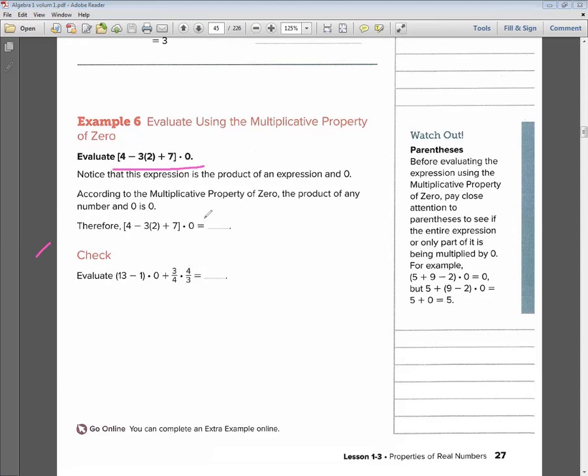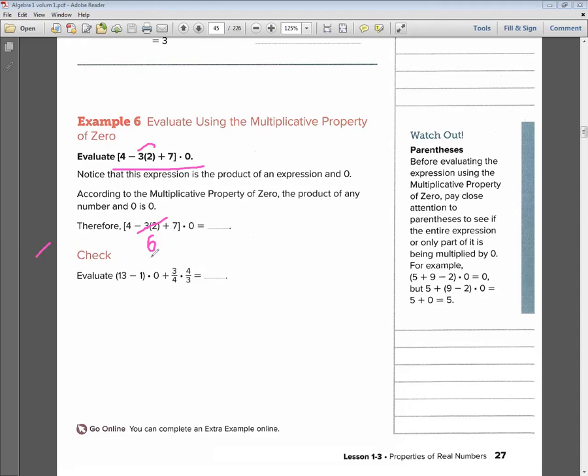Second step, looking for the small brackets. Yes, I have it here. It's 3 multiplied by 2. So replacing 3 multiplied by 2 with 6, I calculate it. Now I have 4 minus 6 plus 7. After calculating the small bracket, I have to finish the big one.